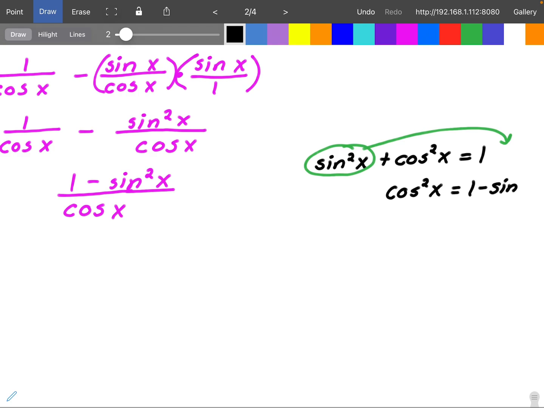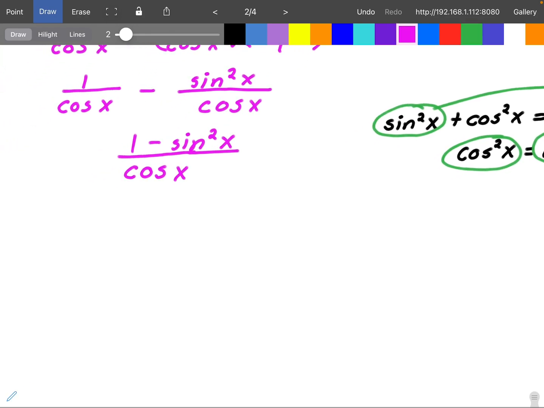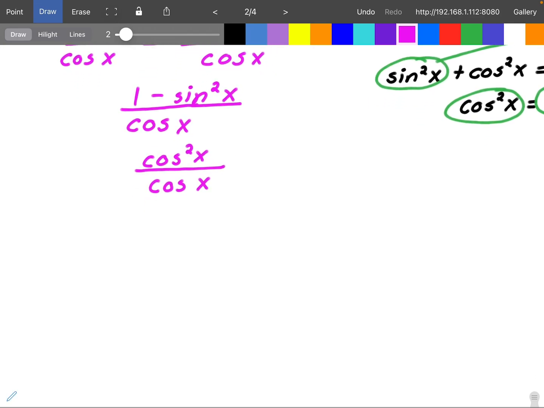to be 1 minus sine squared x, which means anywhere I see this, like here, I can replace that with just cosine squared x. So the numerator of that fraction will become simply cosine squared x. The denominator is cosine x, and then I see I have cosine on both the top and the bottom.